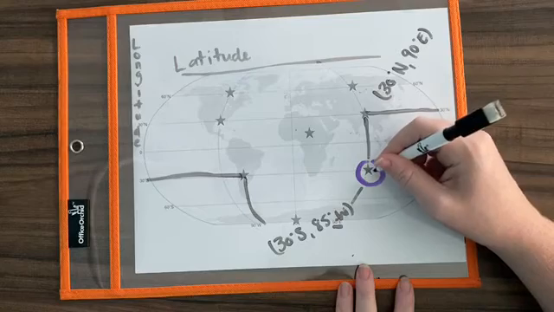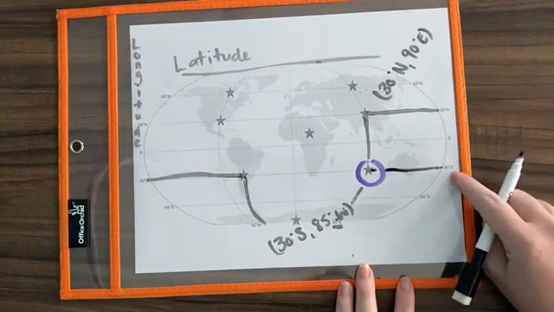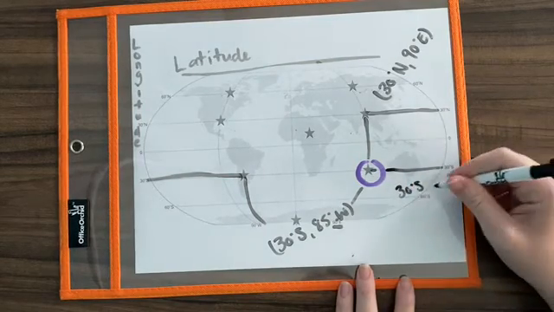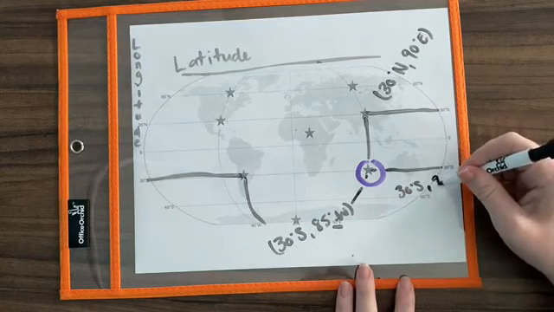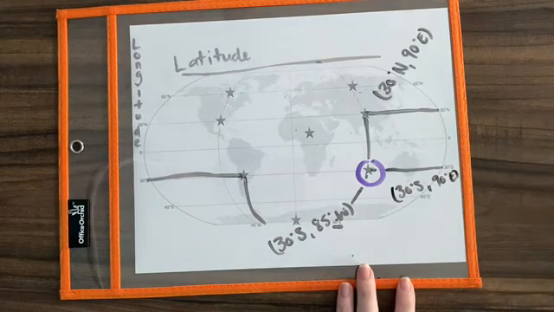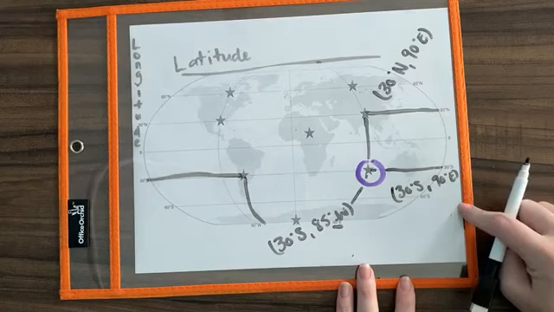And then let's do our last one here. So it's on 30 degrees south. And it's on the same line as last time. So it's on 90 degrees east. So did you get 30 degrees south, 90 degrees east?